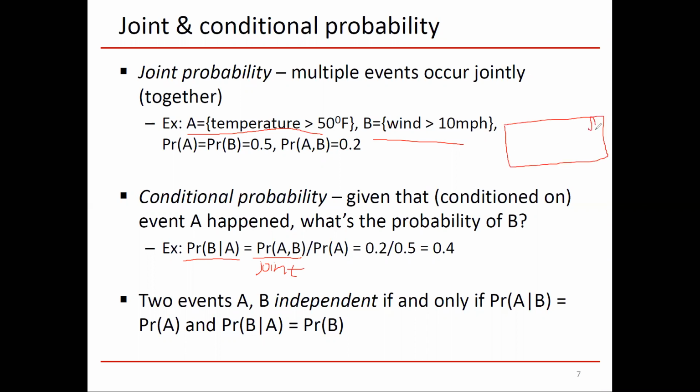So we have the space omega, and we're conditioning on A. So let's say that this is A, and let's say that this is B, and the probability of B conditioned on A is that we are conditioned on the blue shaded A. What is the probability that we also have B?